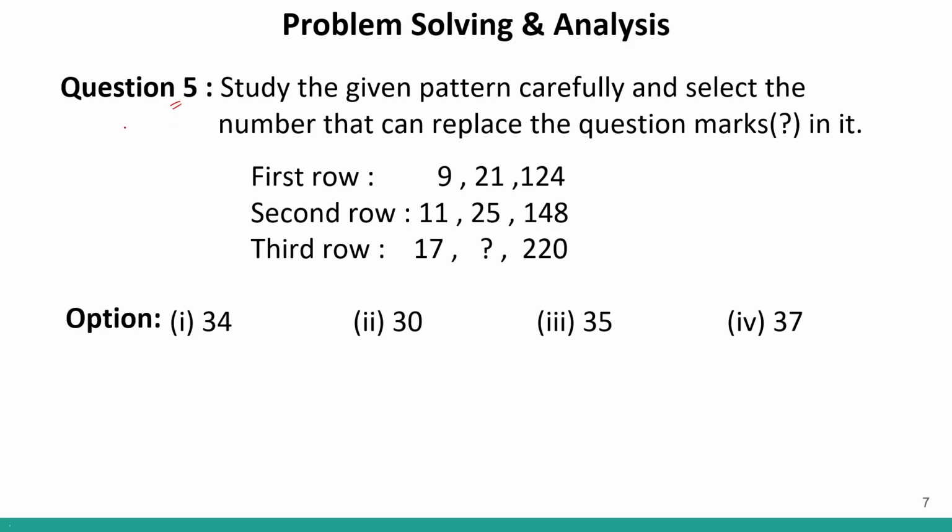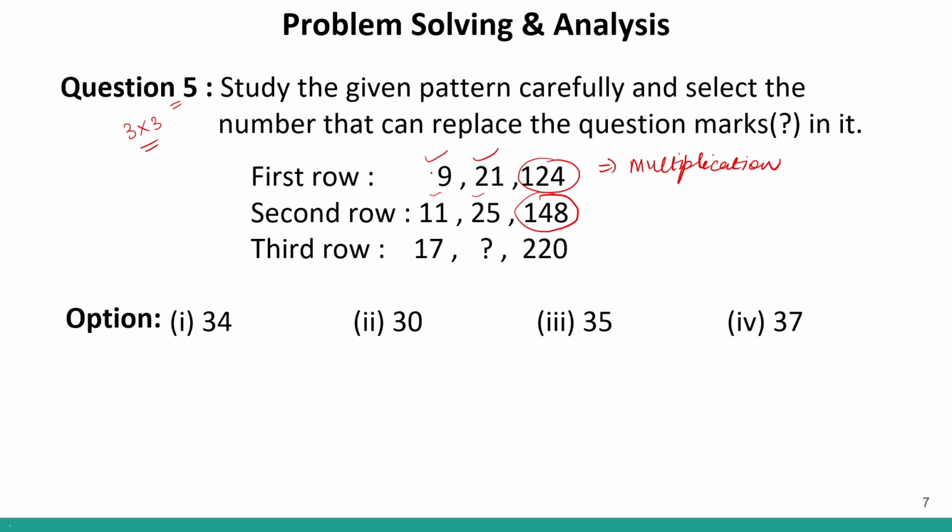Over here again, this is a 3 into 3 type of grid. Now when I look at the first row, I can see that this number is significantly bigger than these numbers. Similarly, this number is significantly bigger than these two numbers, right? So whenever I see a significant increase, I assume this is a multiplication, that certain operations are being done.